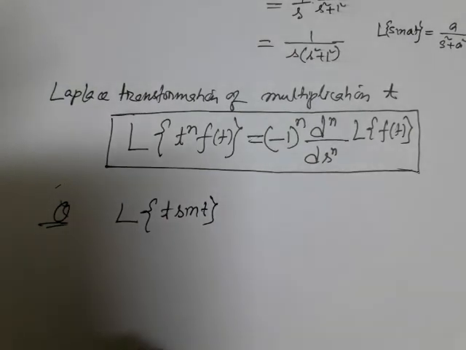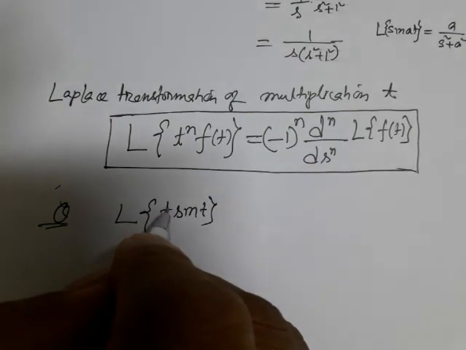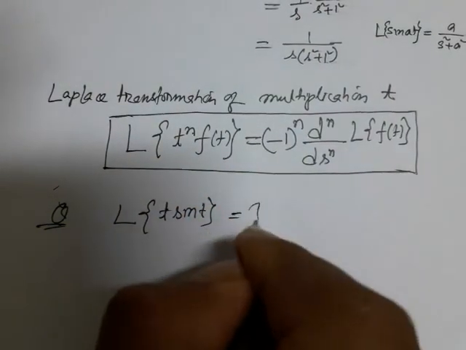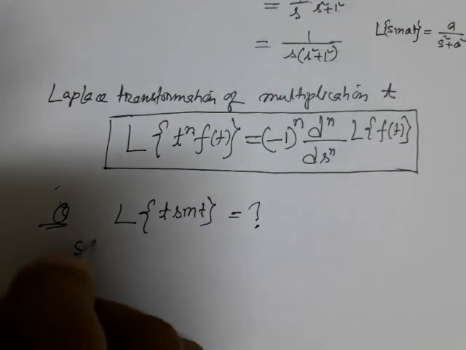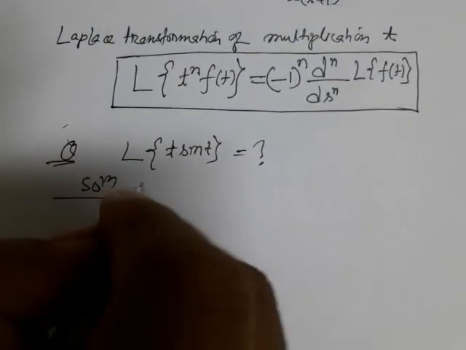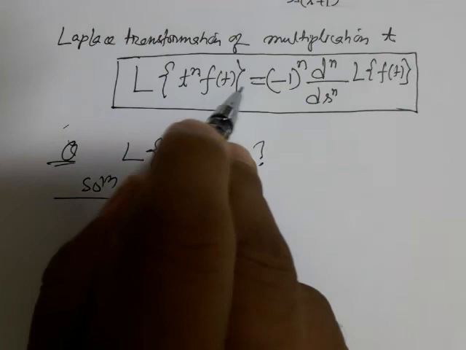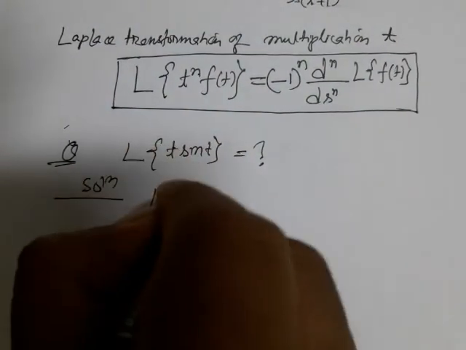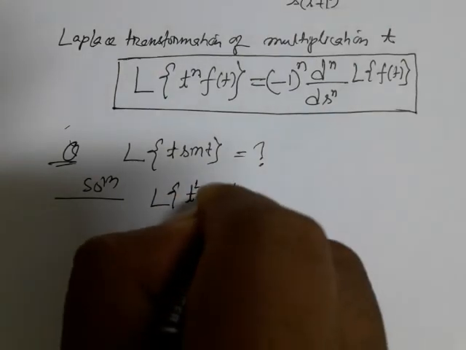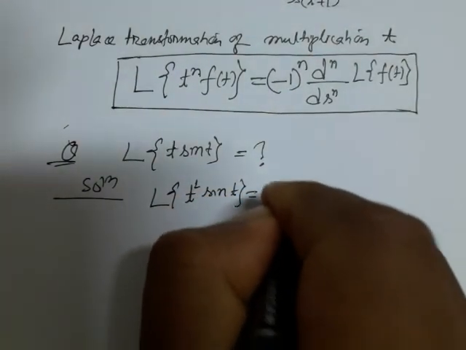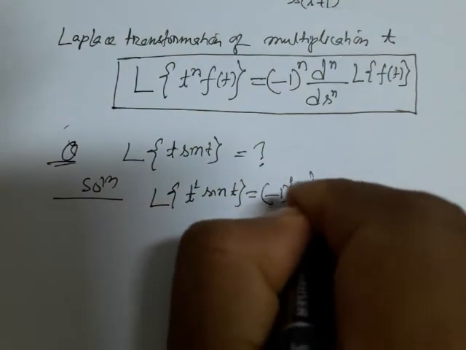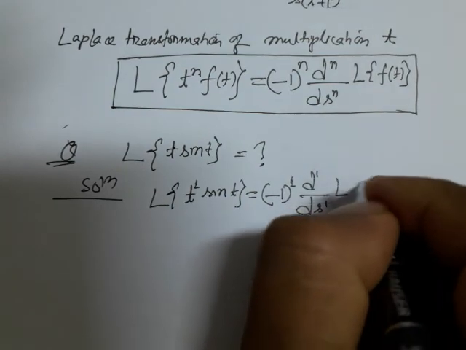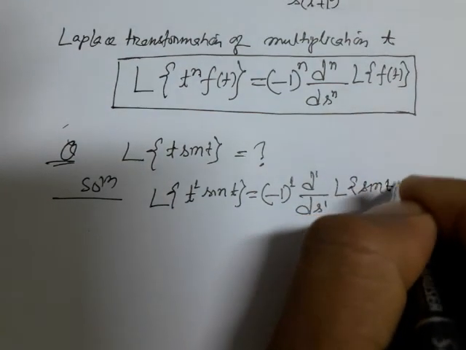Now see what is the power of t here. The power of t is 1. So using this formula, what can we write? See, using this formula, L of t to the power 1 sine of t equals minus 1 whole power 1, d 1 by d s 1, that means the first derivative, of L of sine of t.